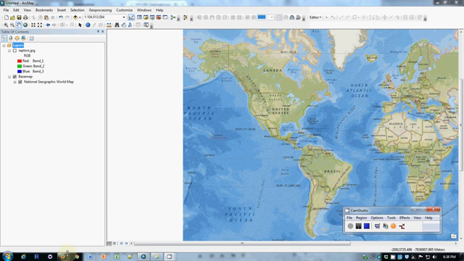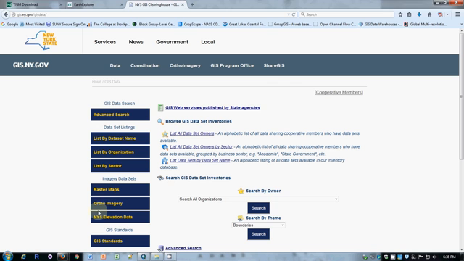One is relatively straightforward, and that is to depend upon a government agency of some sort, particularly at the state level. Most states in the United States and many foreign countries have what's called a GIS clearinghouse, or a GIS data warehouse, or a spatial data warehouse, and the names are all fairly similar.